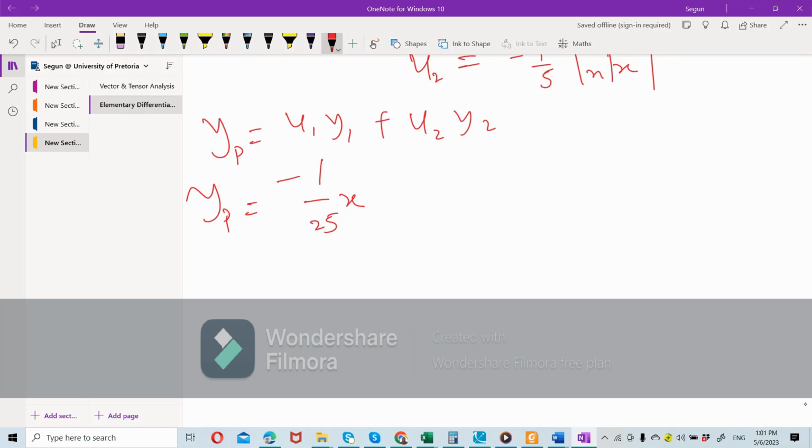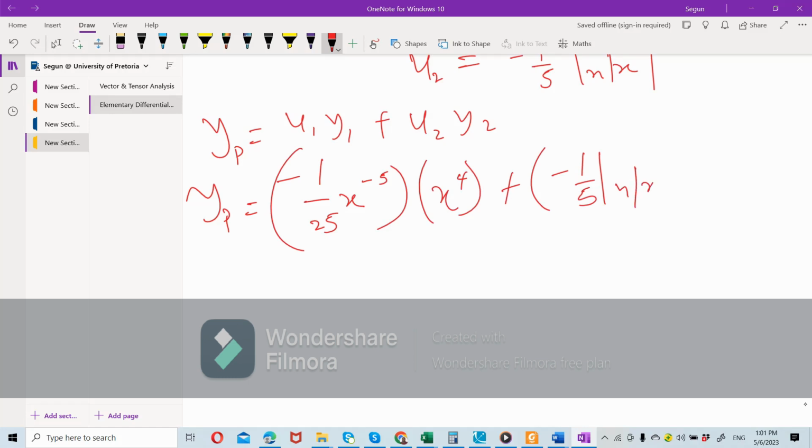Anybody with y1? x raised to the power 4, plus minus 1 over 5 ln absolute value of x, times y2, because U1 and U2 are there.